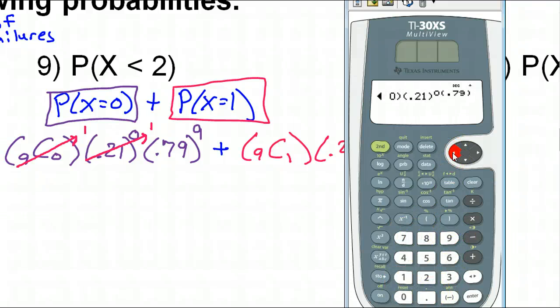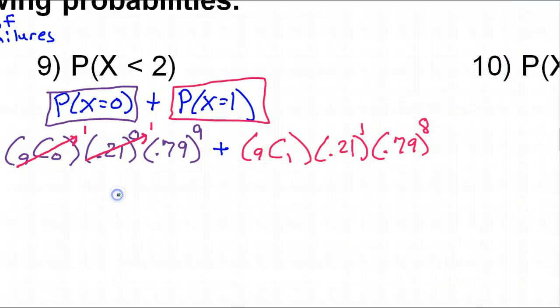Whoa, did not mean to still be up in the exponent. Okay, let's try that again. So times 0.79 to the 9 power. Okay, if I type it all in, I get 0.1199. Let's round to 4 decimal places.